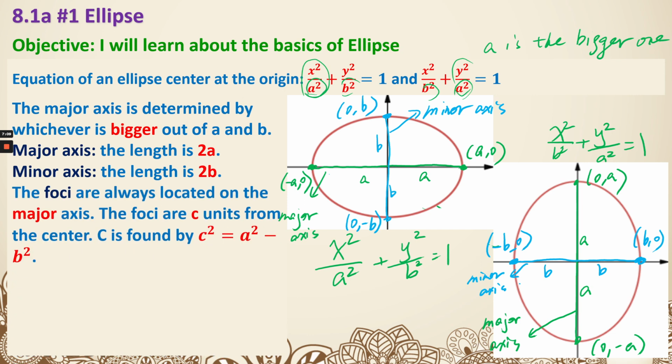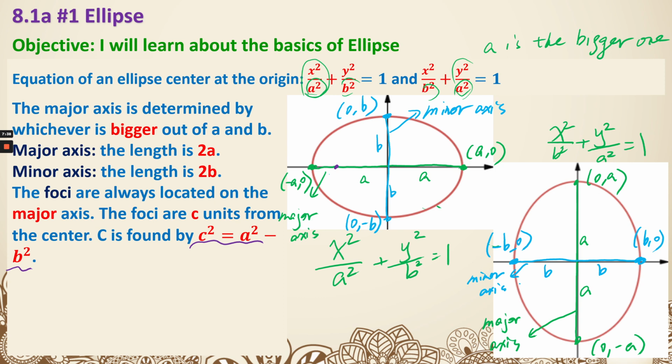Moving on. The foci are always located on the major axis. We don't exactly know where the foci are when we just draw some random things, because we don't have numbers that we can use. But the relationship between a, b, and c is right here. c is found with, now the Pythagorean Theorem is not a squared plus b squared, it's actually a squared minus b squared, which should make sense because a is the major axis and is longer than b, so we're going to do a squared minus b squared.